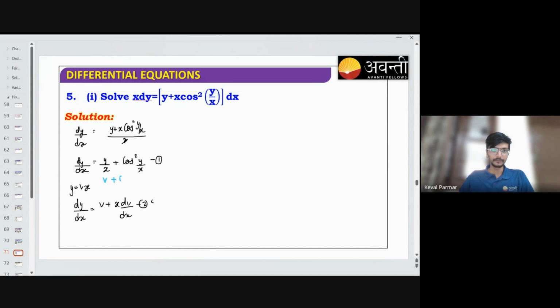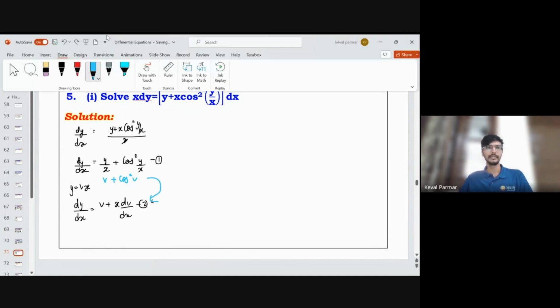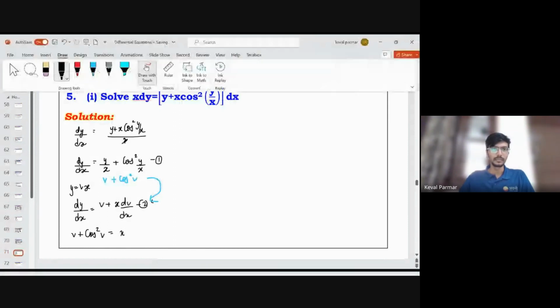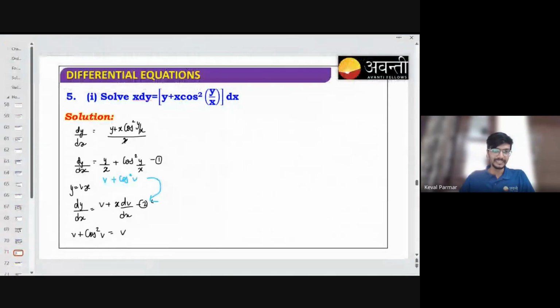v plus cos square v, correct? Now substitute it here. So what we get is, v plus cos square v is equal to v plus x dv by dx.